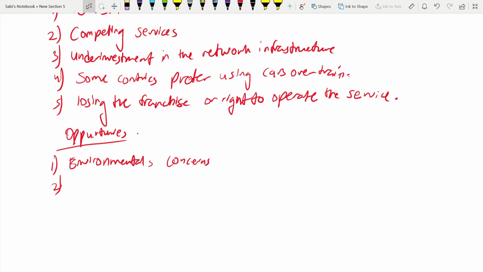Number two, building customer loyalty. Maybe you can have a scheme similar to air miles. So this could be an opportunity for you in this industry. Opportunity means something which is not currently happening, but which in the future you can apply, right? So you can build customer loyalty through the service. Example, scheme similar to air miles.